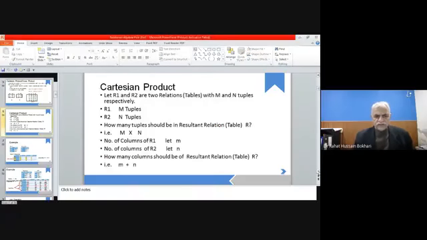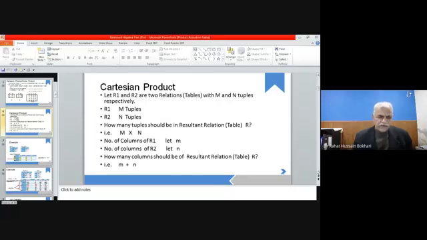What I told you is that R1 and R2 are two relations with m and n tuples. R1 has m tuples and R2 has n tuples. Then the resultant table after the cross product of R1 and R2 has m multiplied by n tuples.